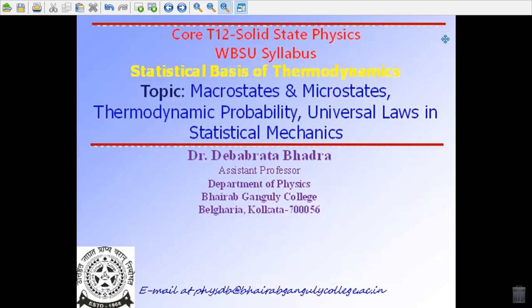So before the advent of quantum theory, scientists like Maxwell, Boltzmann, Gibbs, etc., applied the statistical mechanics methods making use of classical physics. These methods are known as the classical statistics or the Maxwell-Boltzmann statistics.